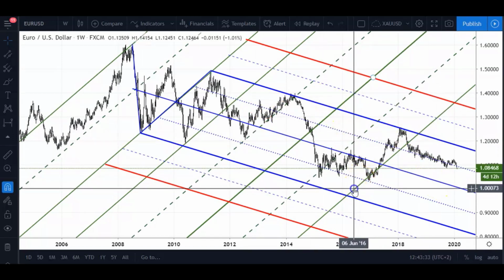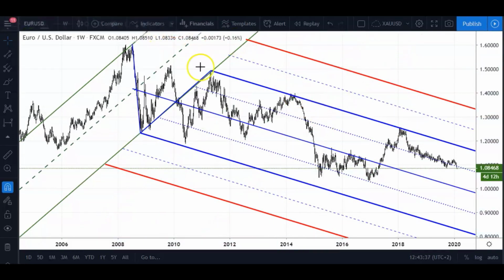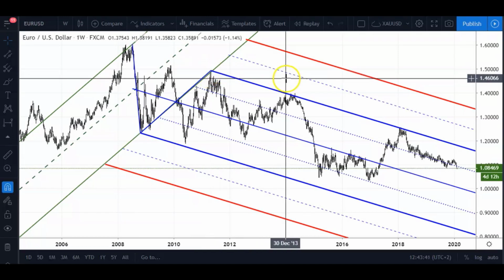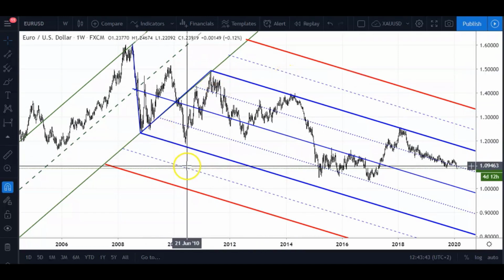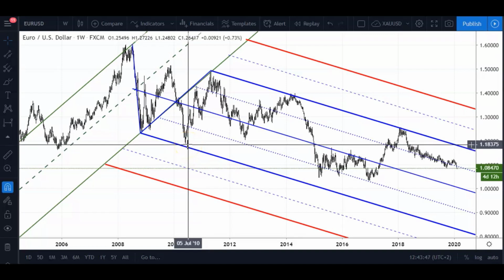So by simply using these action reaction lines, I could discern that using these three pivots was going to work much better than using any of the other pivots, like those normally taught in guides on trading pitchforks.